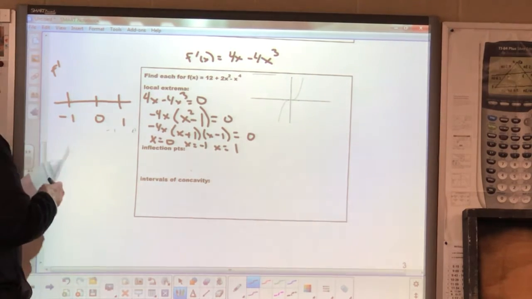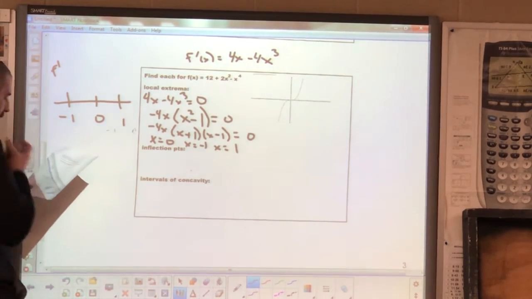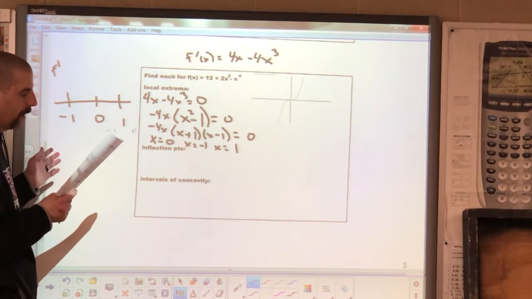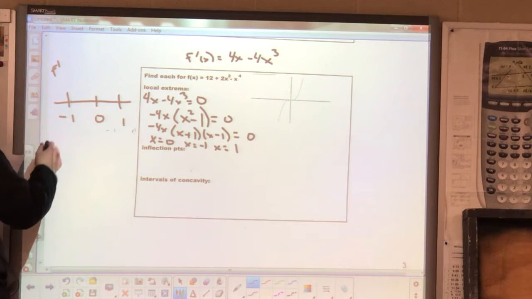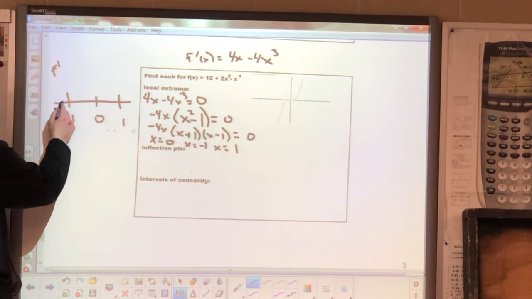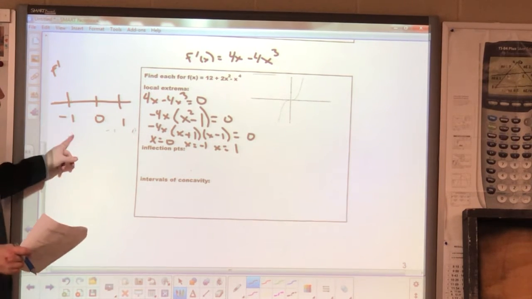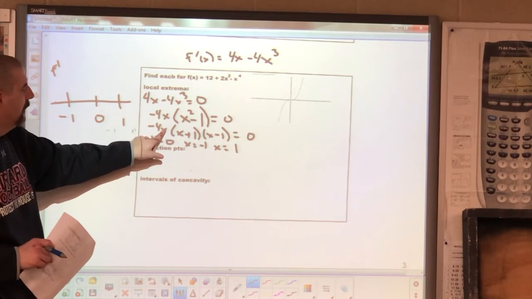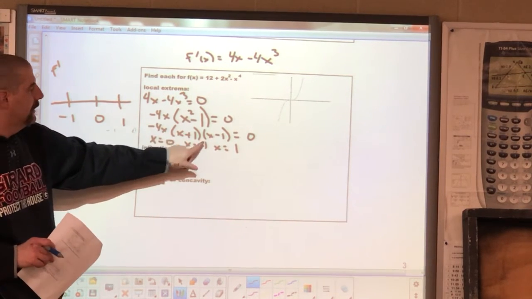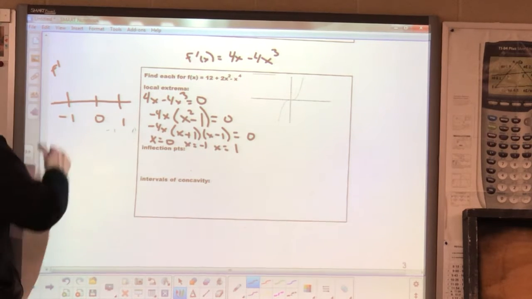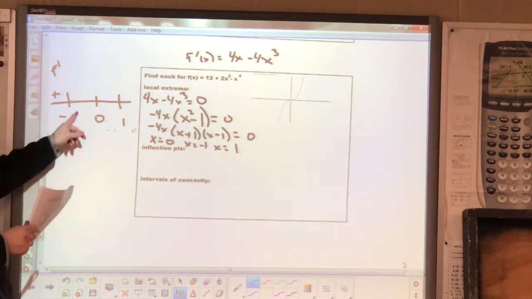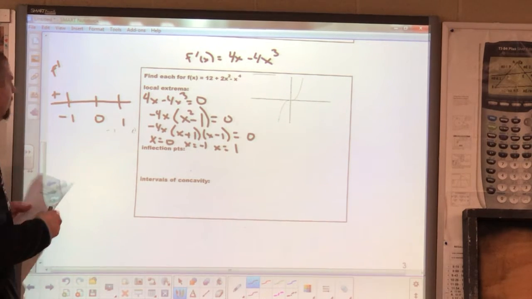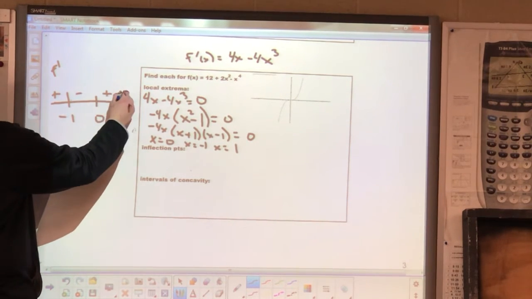Okay, welcome back. So when we do that, plugging in our values, you're going to have sign analysis. If you plug in negative 2, you're going to get a positive, a negative, and a negative, so that's going to be positive, okay? From negative 1 to 0, you're going to get a negative, and positive, negative.